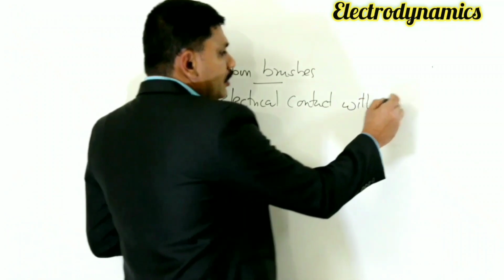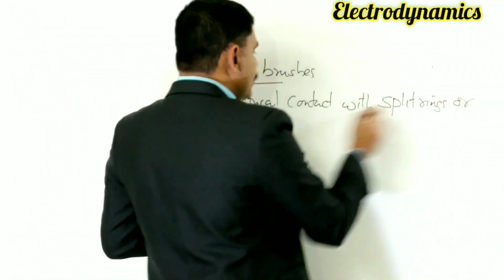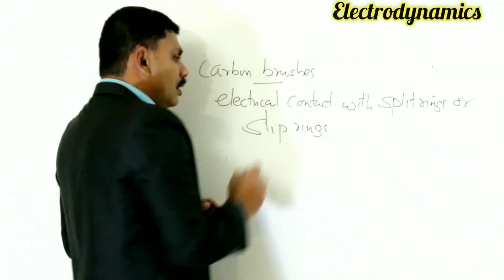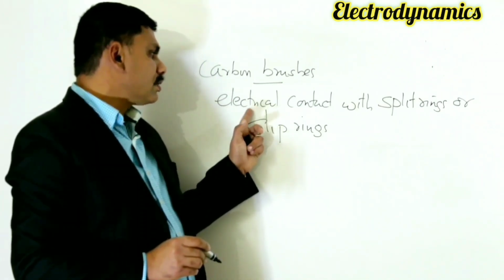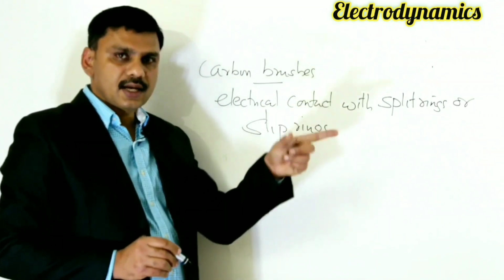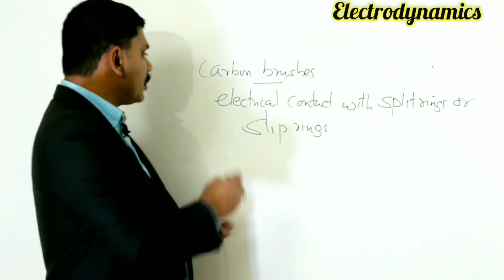If the carbon brush is in an AC generator, it is in electrical contact with the slip rings. If it is in a DC generator, it is in electrical contact with the split rings. That is the main function.